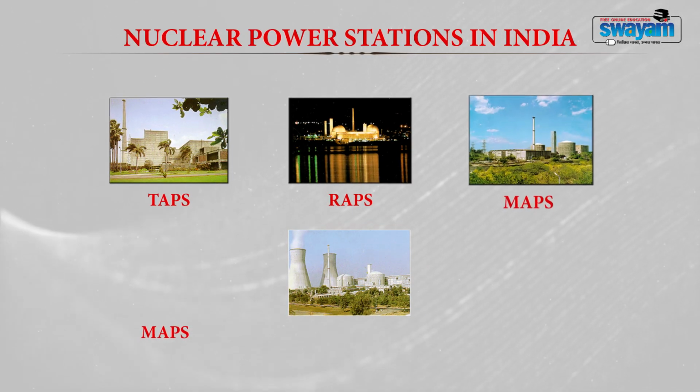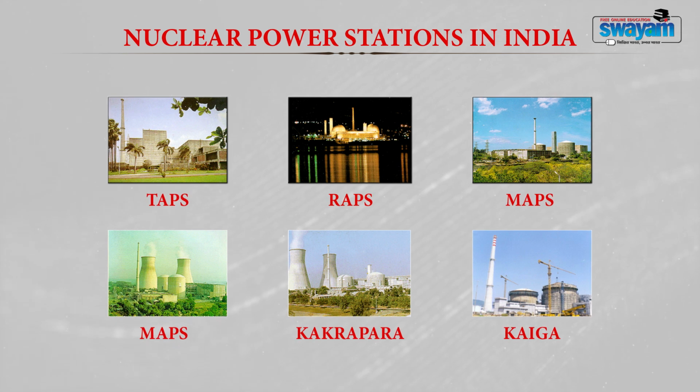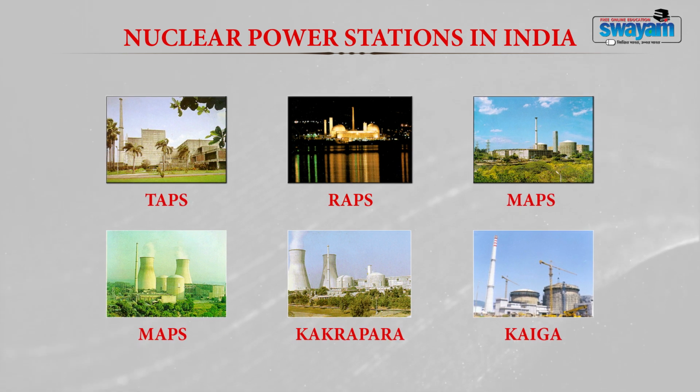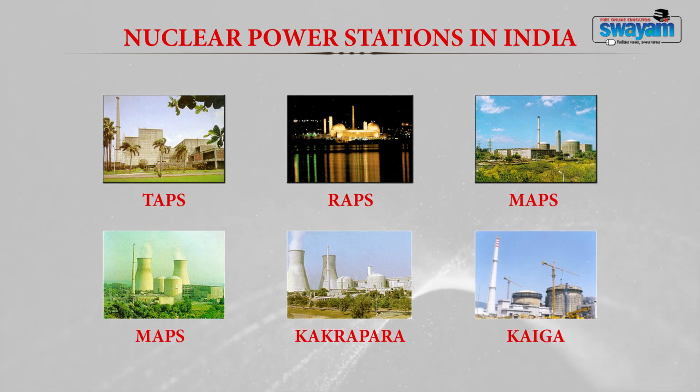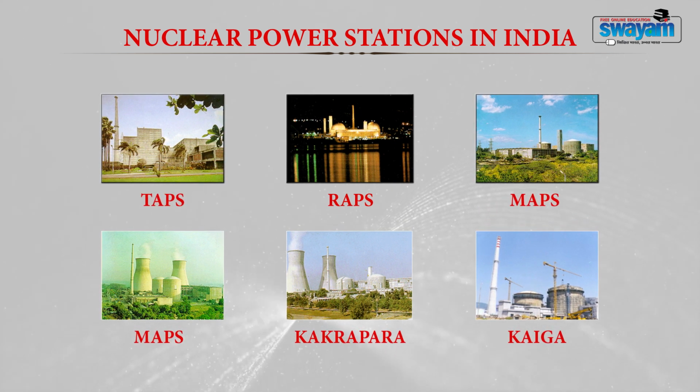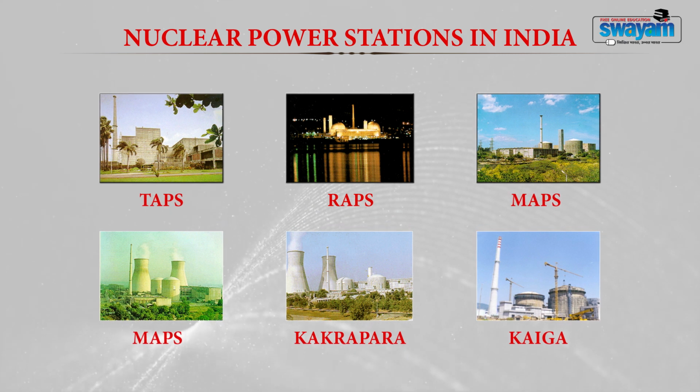Dear students, please try to know the applications of radioactive materials in different fields. This figure shows nuclear power stations in India. At present, India has 22 nuclear reactors which are installed at 7 nuclear power stations.